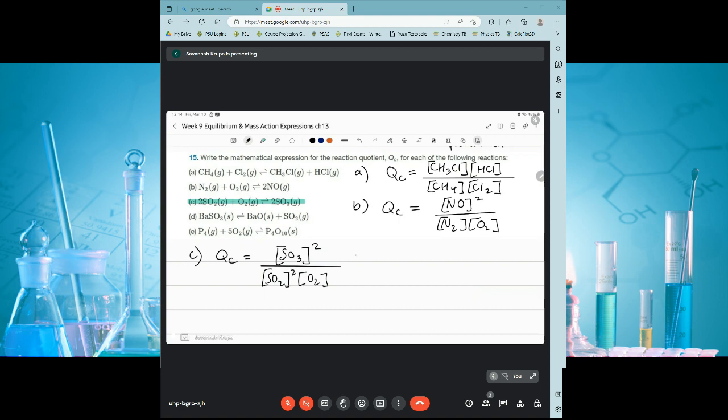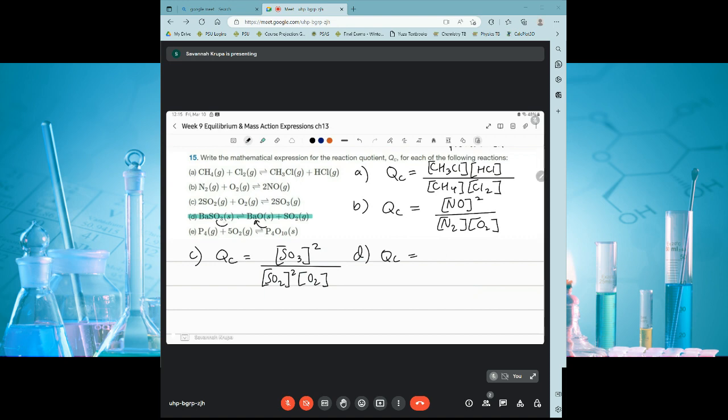So now let's move on to D. Okay, for this one, we have the barium, oxygen, as well as sulfide. For the product side of this, because the BaO right here is solid, we will not be including that in the product side at all, or products or reactants.